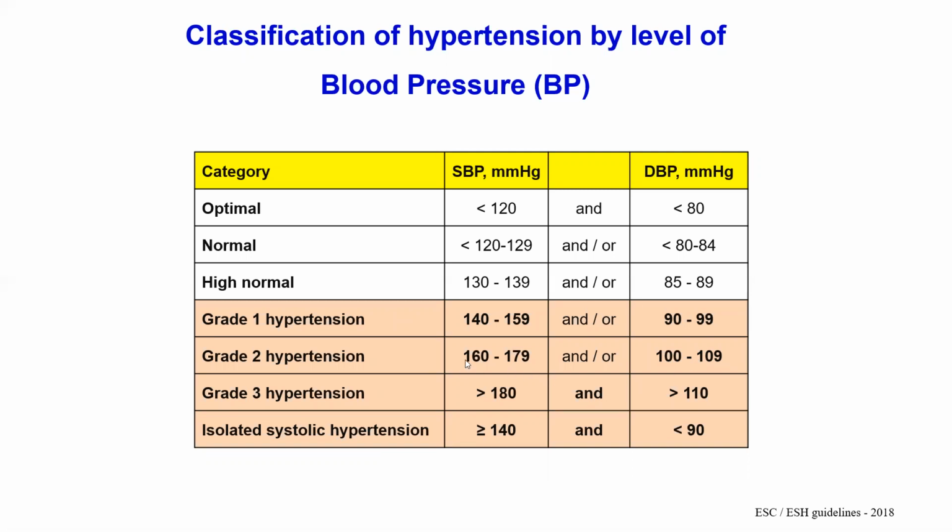Or the opposite situation, a patient with blood pressure 160 by 90, we diagnose grade 2. There is also an additional group of patients with isolated systolic hypertension. Isolated systolic hypertension is a condition where the systolic blood pressure is 140 or more, but diastolic blood pressure is less than 90. Here we diagnose isolated systolic hypertension.